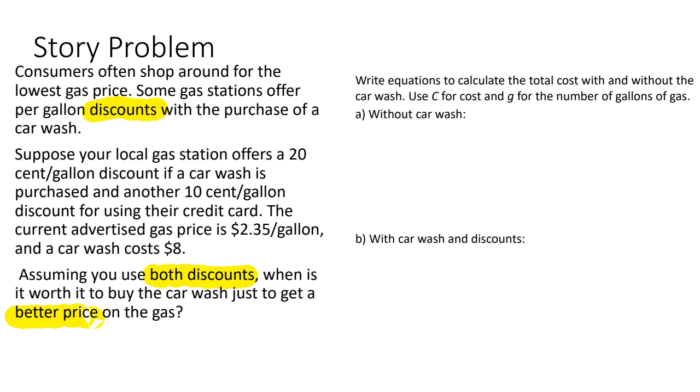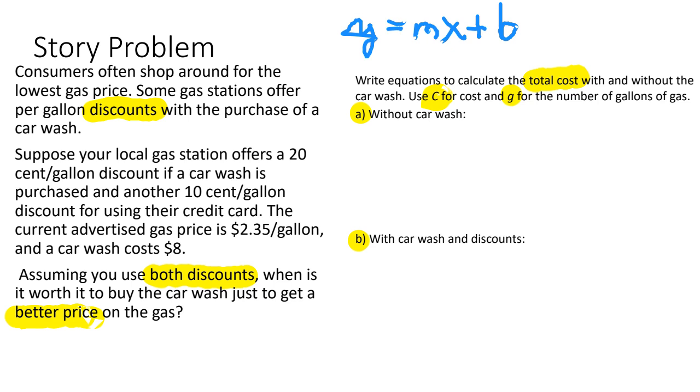This says write equations to calculate. Now, total cost is going to be the letter C, and G is going to be the number of gallons. Now notice I have two options to write the equation. Well, remember, we have a form that says y equals mx plus b. We're using this form, but with a little twist.